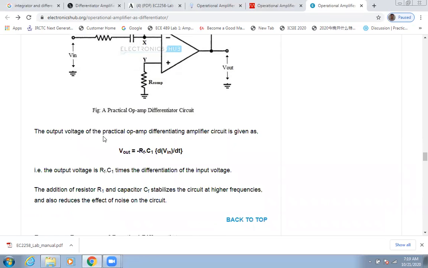The output voltage of a practical op-amp differentiating amplifier is given as V out equals minus RF C1 times the derivative of V in.